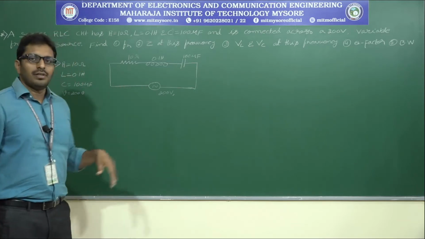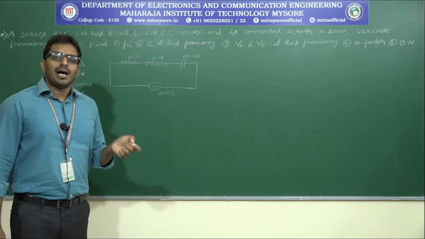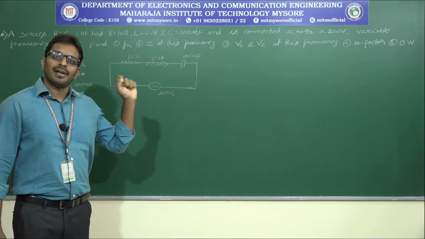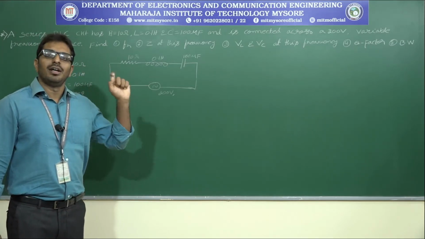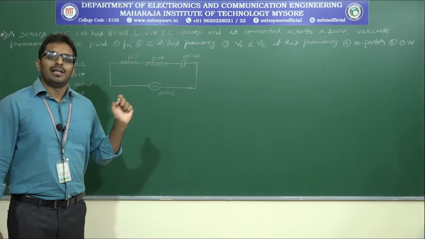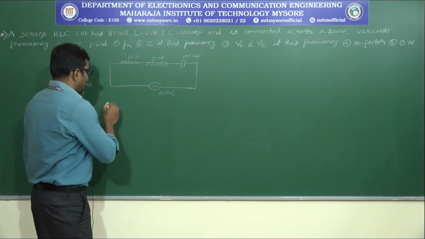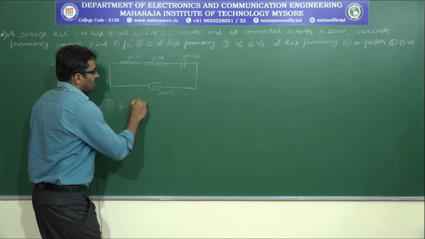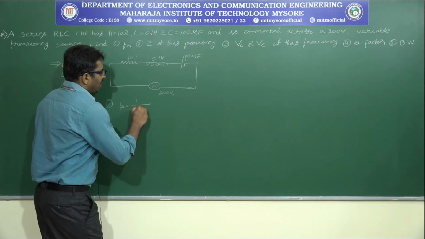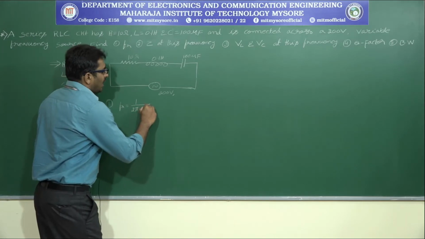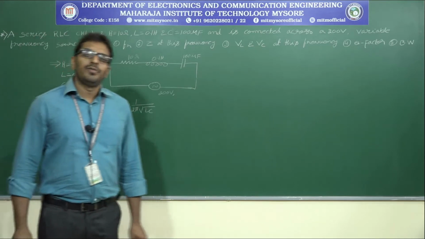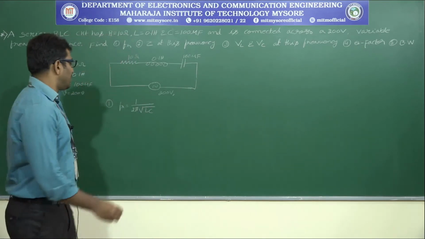What is the type of circuit? This is a series RLC circuit. We already derived the formula for resonant frequency when R, L, C are connected in series. FR is equal to 1 divided by 2 pi square root of LC. This is the formula to find the resonant frequency.